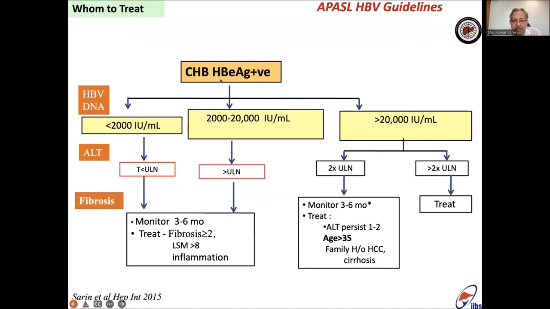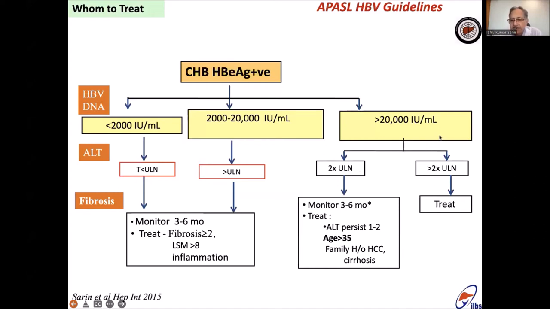Chronic hepatitis B with a wild type E antigen positive patient. Now this person has 20,000 or more international units and his ALT is high, 80 or above. Treat him, no questions. He has high DNA, and which drug will you give for high DNA?